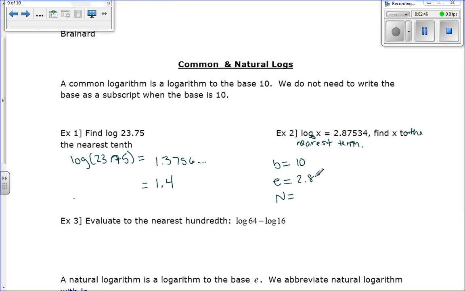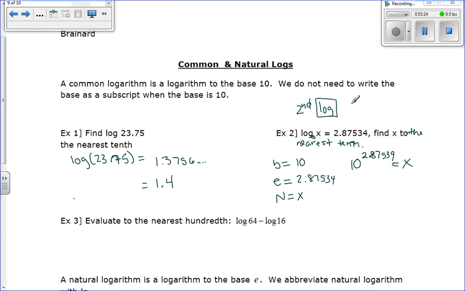So my exponent is 2.87534, and my number is x. If I'm going to put this into BEN form, my base is 10, my exponent is 2.87534, equals x. So I literally am going to look on my calculator and type this in. This would be second log on the calculator.